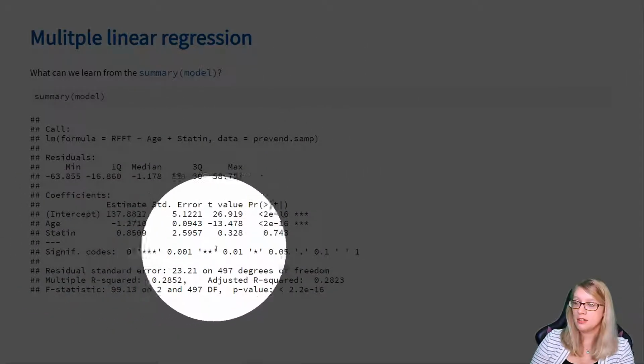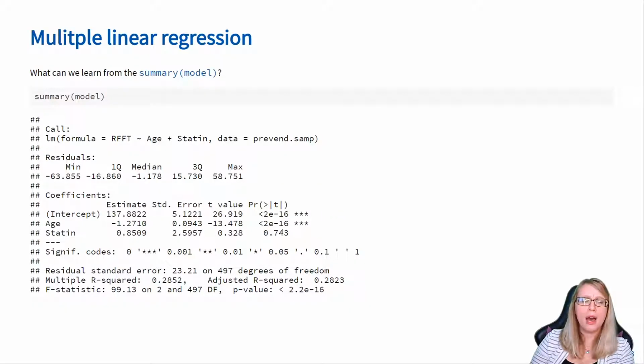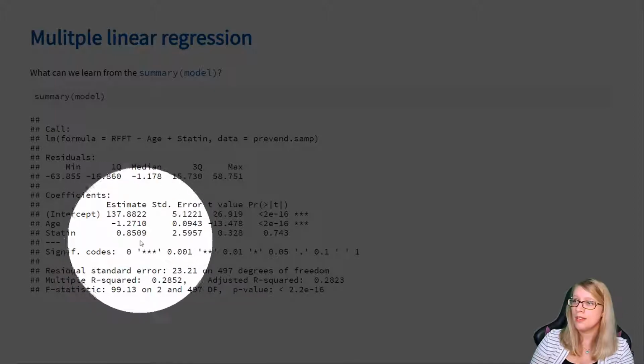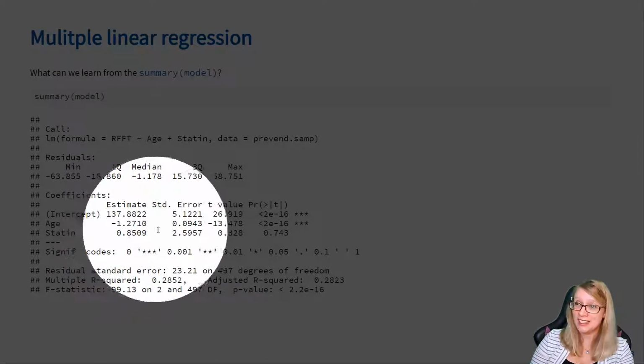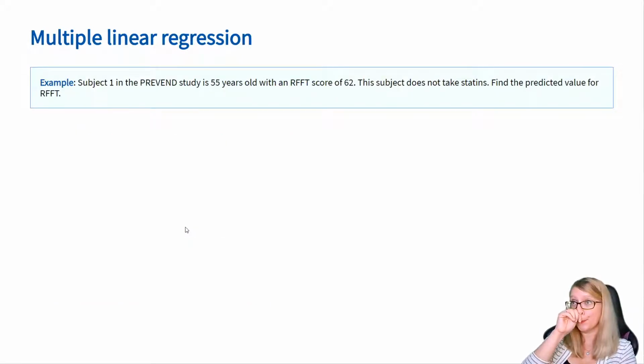Statin use has a very high p-value, so it is possible that this added term related to statin use isn't really important. It's not really contributing much to our model. And in fact, if you look at the estimate for the slope coefficient for statins, it's much smaller than the standard error actually is.